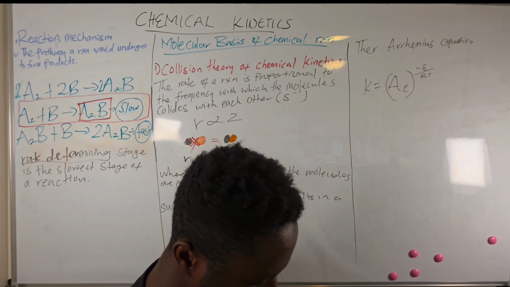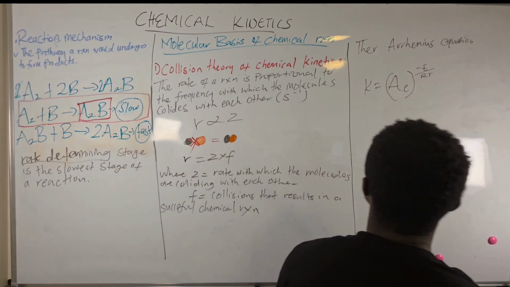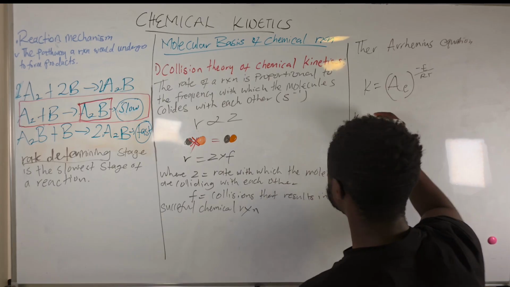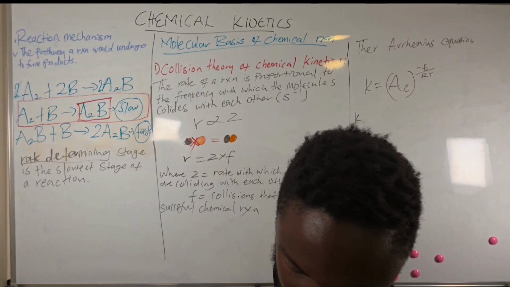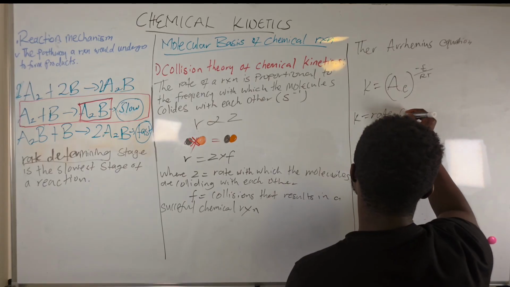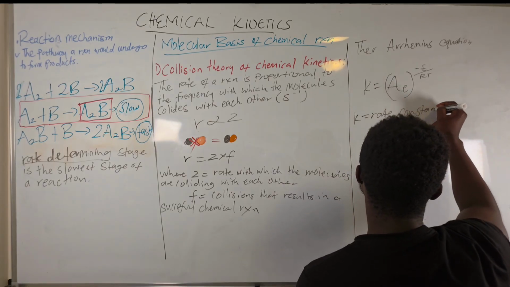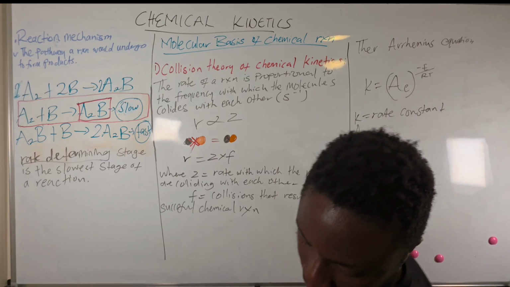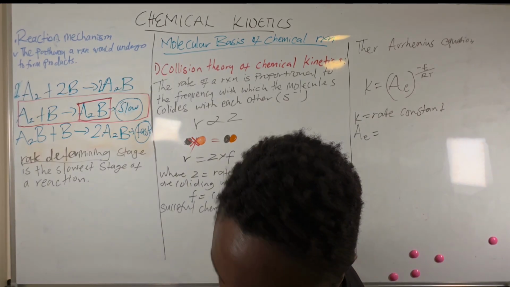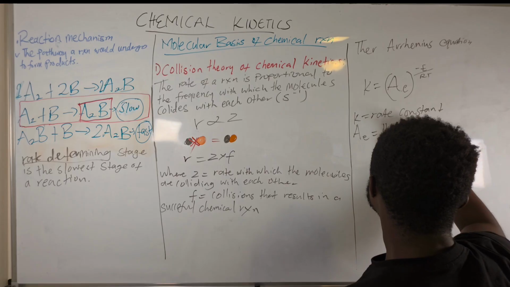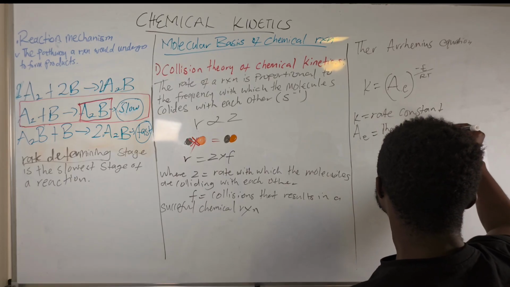Over here, if we are supposed to define these terms, k is equal to the rate constant, as I said earlier. And then the A over here would give you the frequency factor.